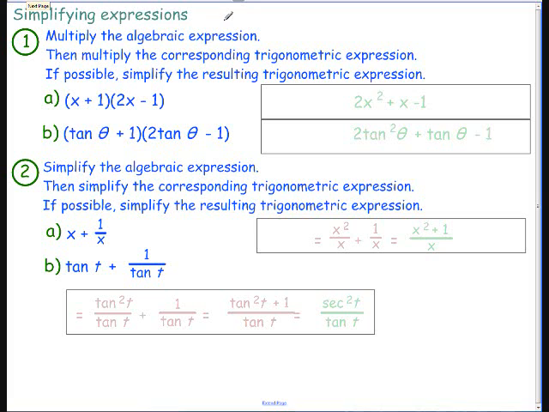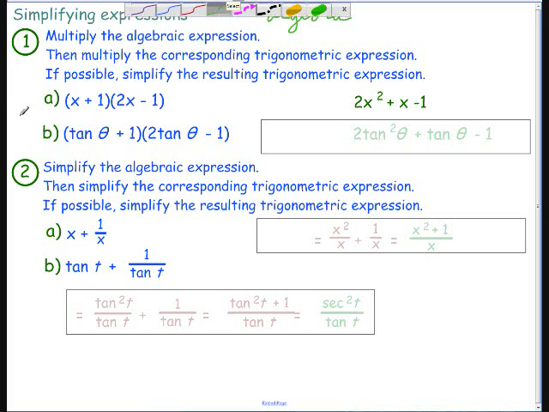Simplifying expressions. We're going to be using some algebra. Didn't your algebra teacher tell you that that was going to be valuable? It's true. Multiply an algebraic expression. We're going to do that. And notice what's happening here.